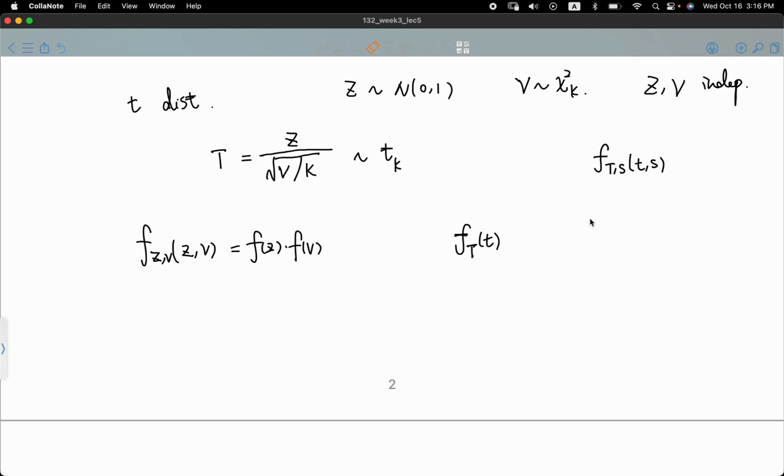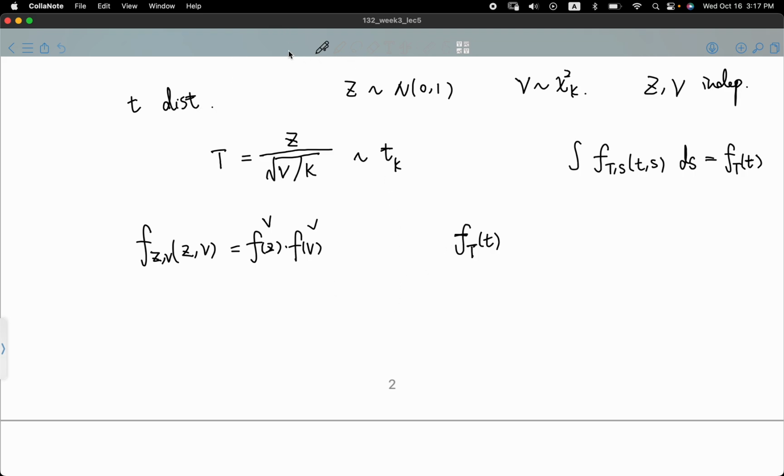Take the integral with respect to s, and then this will give you f of t, the marginal. So that will be our strategy. And then we also know this is standard normal, this is chi-square or gamma, so we can make all those transformations.